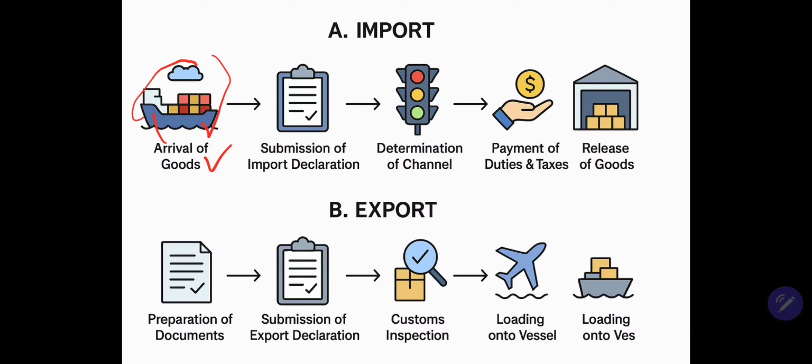broker has to submit the import declaration or PIB to customs. Submission of import declaration. Okay, here the importer has to submit the import declaration. The documents for this submission are such as HS code, invoice value, country of origin, bill of lading or airway bill number, packing list, and so on.